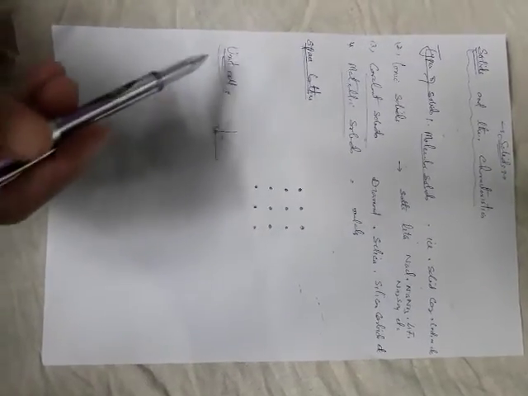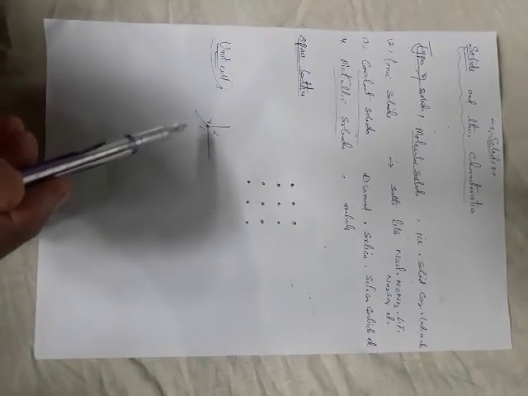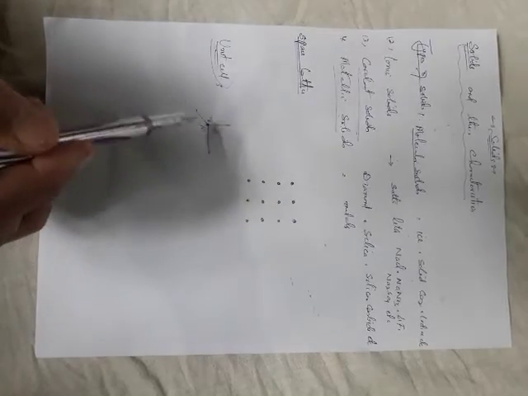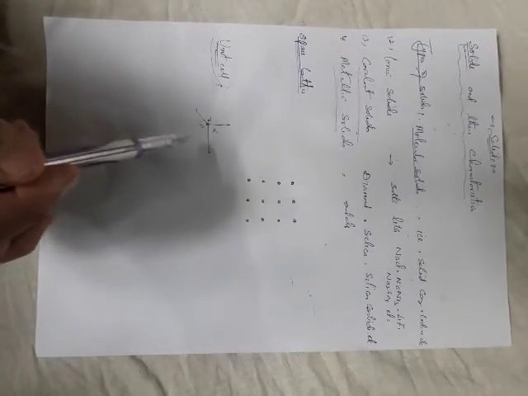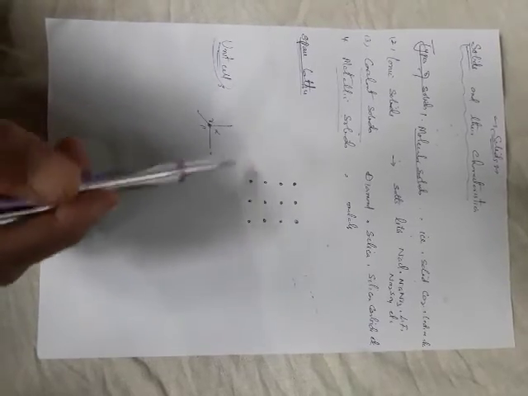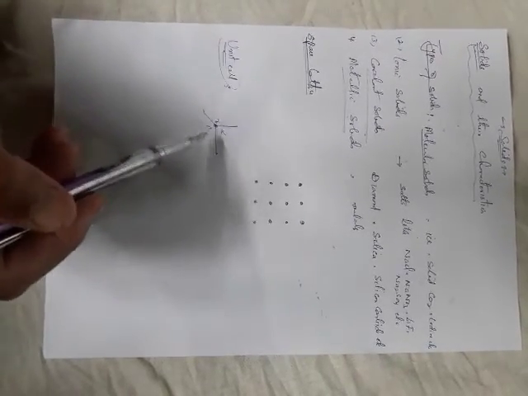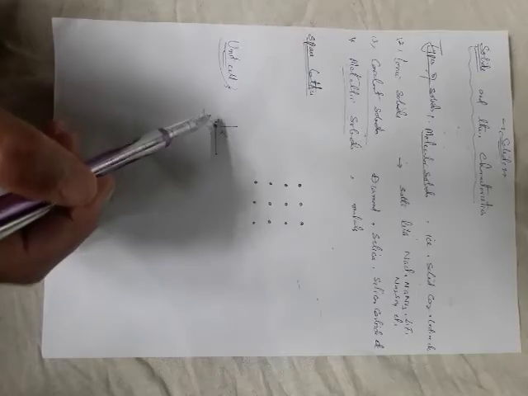Also, while describing the shape of the unit cell, the lengths of the edges along the three axes are represented by a, b, and c. Then the angles between these edges are represented by alpha, beta, and gamma.